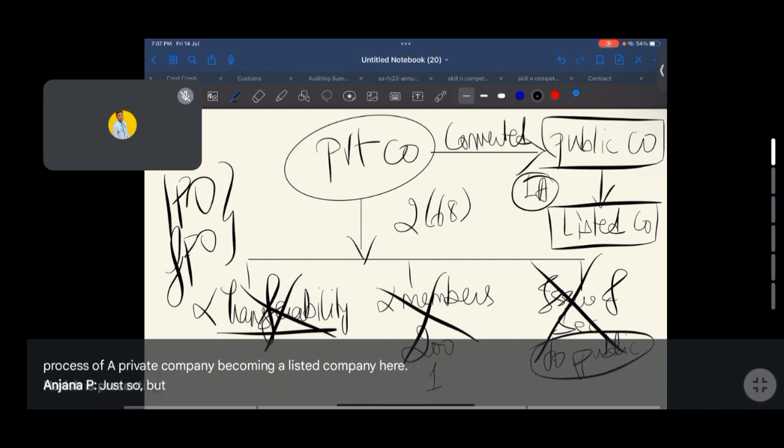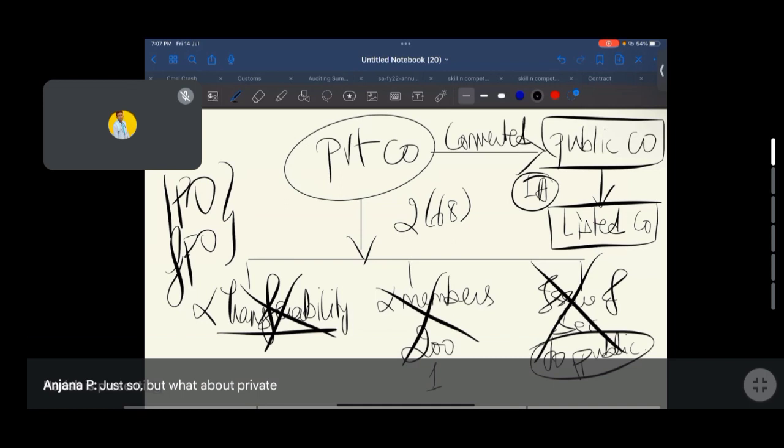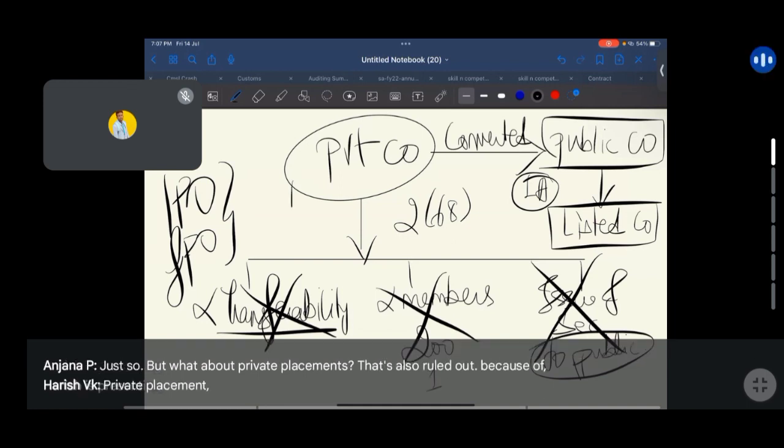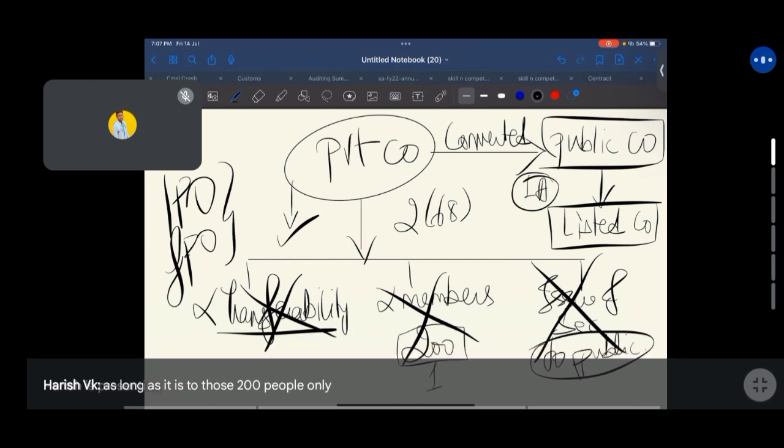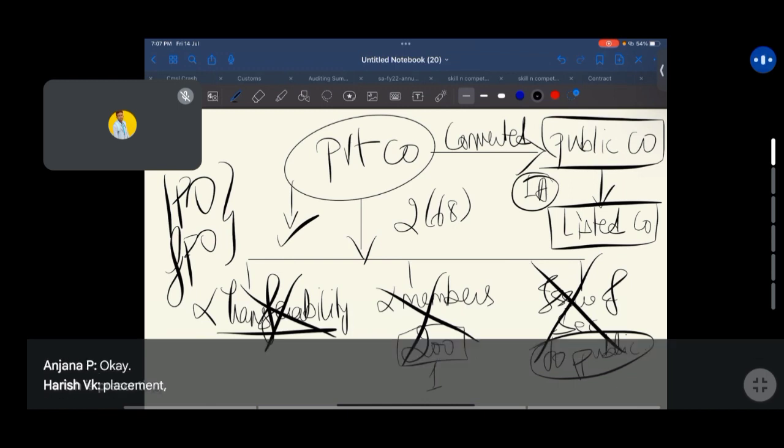But what about private placements? That's also ruled out. Because private placement, a private company can still do, as long as it is to those 200 people only. That is the whole point of private placement, right? Private placement can only be done by a private company.